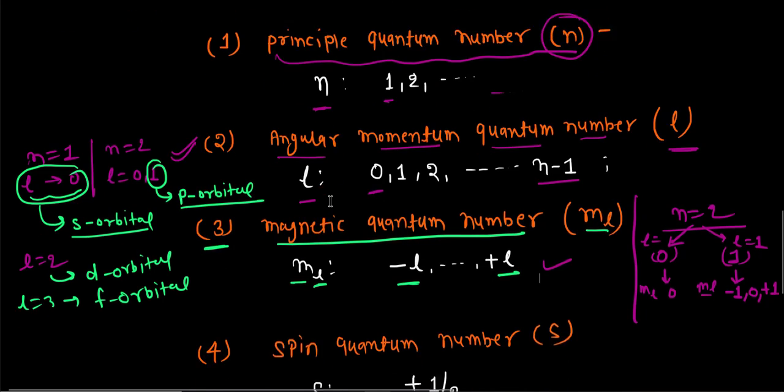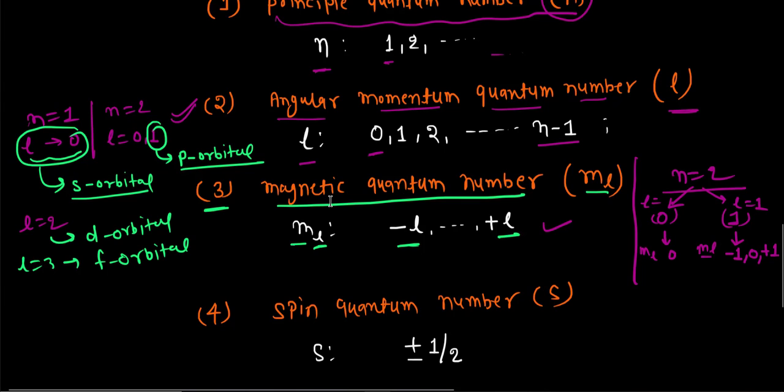Now the fourth quantum number, which we call the spin quantum number, is denoted by S. This spin quantum number describes the spin of the electron around an axis. So it can be plus half or minus half.